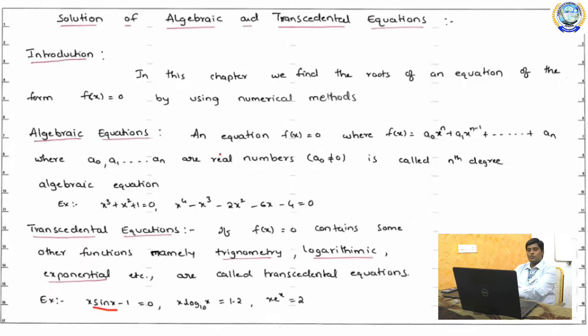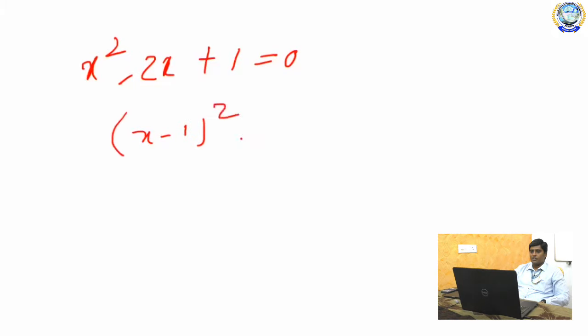What is the solution of such equations? If I give you an equation like x^2 - 2x + 1 = 0, there is no need for numerical methods. You simply write it as (x - 1)^2 = 0, then x = 1, 1.